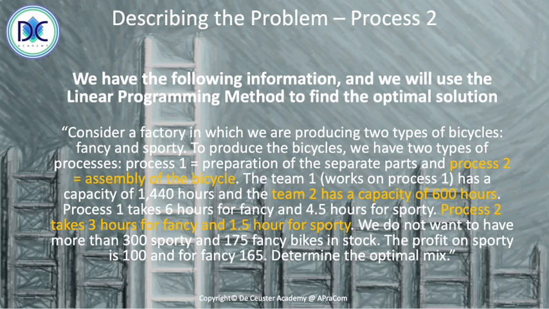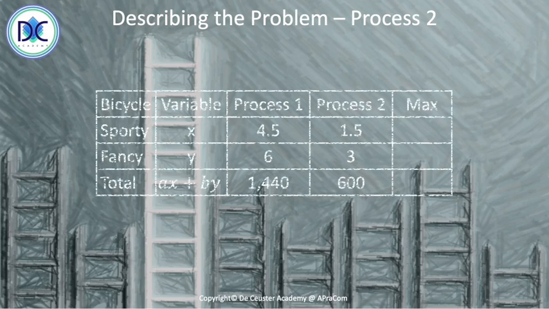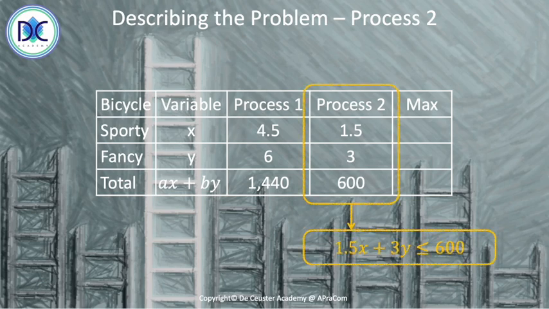So we have 1.5 and 3 for the different items, and we can write the inequality. In this case, 1.5x plus 3 times y smaller or equal than 600, which basically expresses that whatever combination of x and y we are working on, we should not exceed 600 hours.